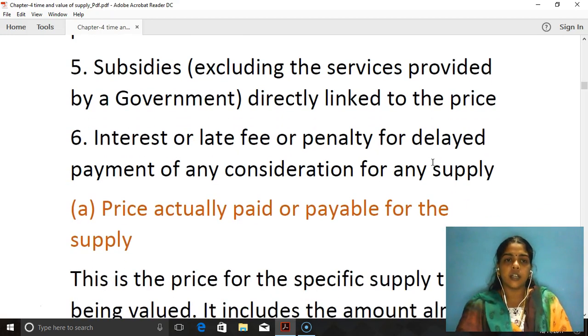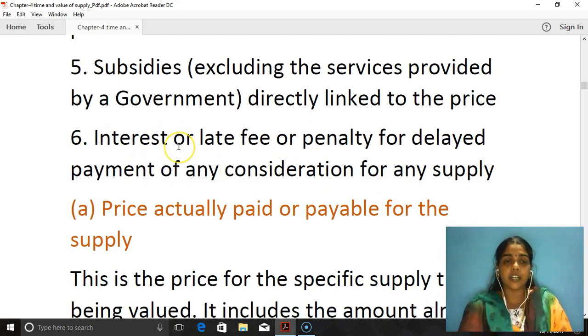Next, interest or late fee or penalty for delayed payment of any consideration for any supply. In the exemption you might have seen that interest paid to the bank is outside GST.